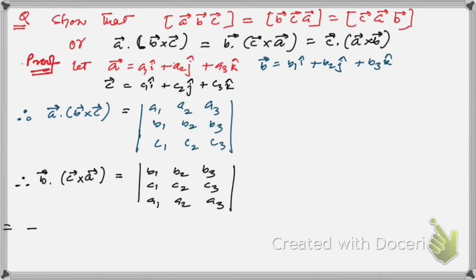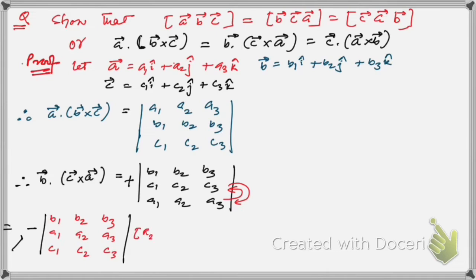This is going to be equal to minus, because if you interchange any two rows or columns in a determinant, the sign before the determinant changes. Here you had positive, so it becomes negative now. Hope you have understood this. Let me interchange row 2 and row 3. Then you will get b1, b2, b3, a1, a2, a3, c1, c2, c3.